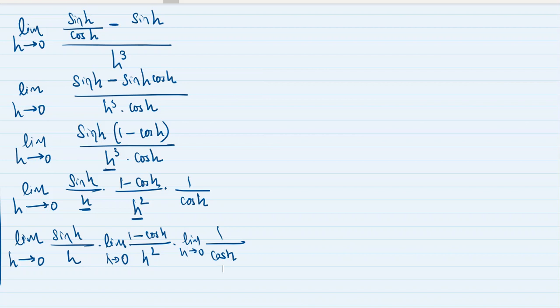So limit of sin h by h when h tends to 0 becomes 1. That is the standard trigonometric limit formula. So this one becomes 1 multiplied by limit h tends to 0 of 1 minus cos h upon h square.